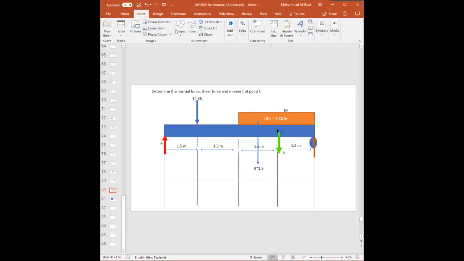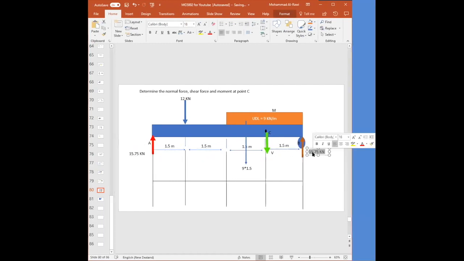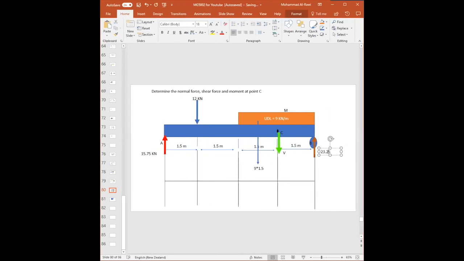A was 15.75 kilonewtons, and if you can remind me about the value for force B, it was 23.25 kilonewtons, and the directions, both of them going upwards. So it's really good. Thanks a lot for reminding me, guys. That's one of the helpful things.